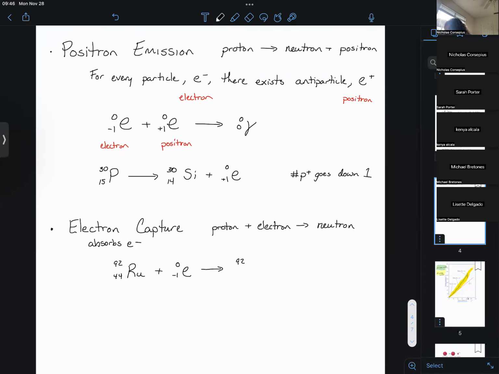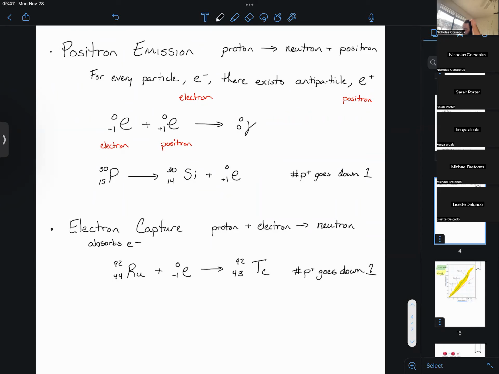But the number of protons decreases. So again, the number of protons goes down by 1. Same net effect as what we saw for the positron emission.